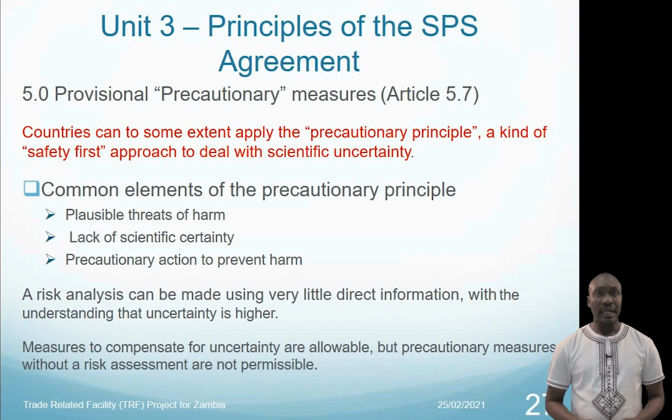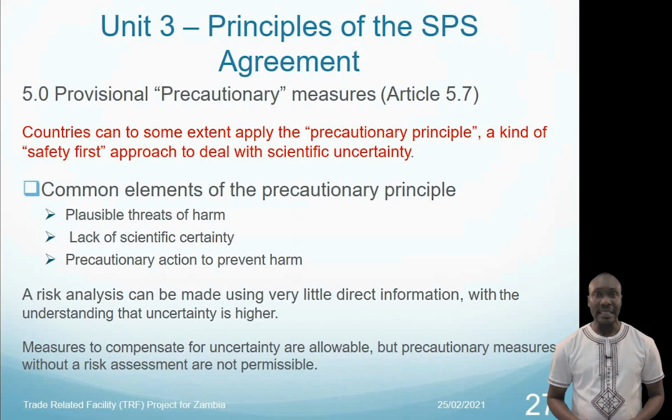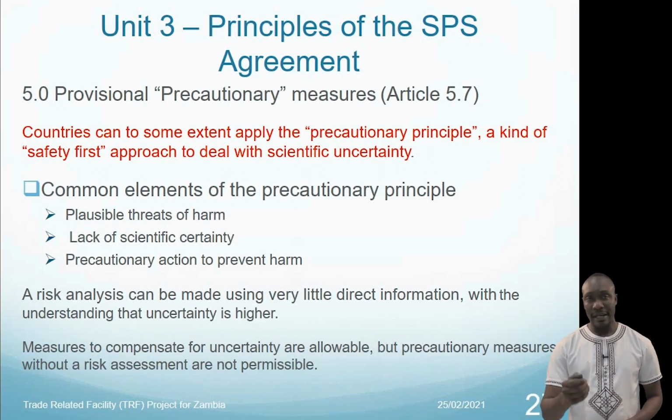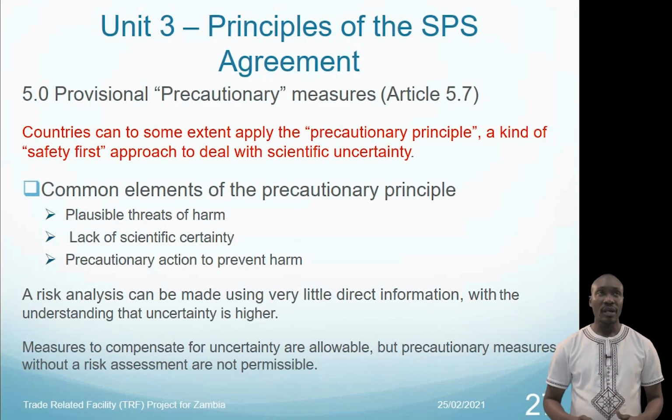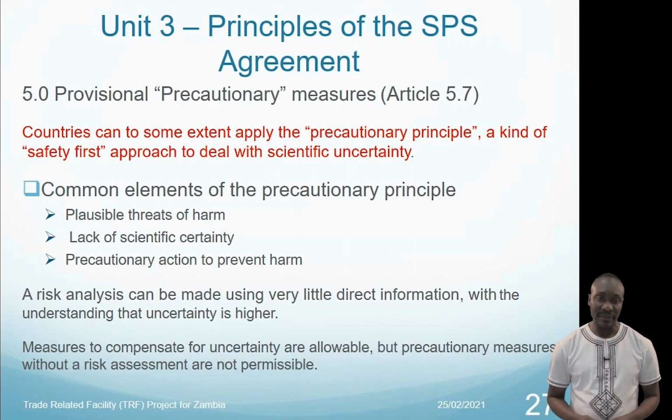So without a full detailed risk analysis, so to say, they can do a small assessment that can allow them to say, even if we do not have information yet to establish the real probability of getting this harm to health, plants, or animals, we will still impose SPS measures.